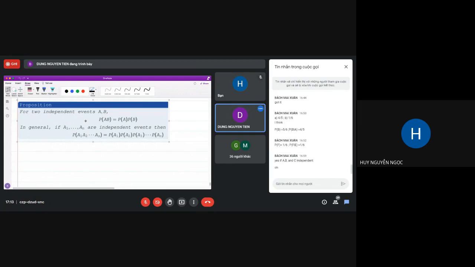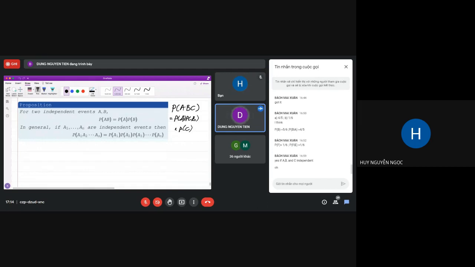If two events are independent, then we have the equation that the probability of AB equals the probability of A times the probability of B. If you have three independent events A, B, C, then the probability of ABC is the probability of A times the probability of B times the probability of C. If you have n events, then the probability of A1, A2, ..., An is the probability of A1 times the probability of A2 times the probability of A3, and so on until the probability of An.